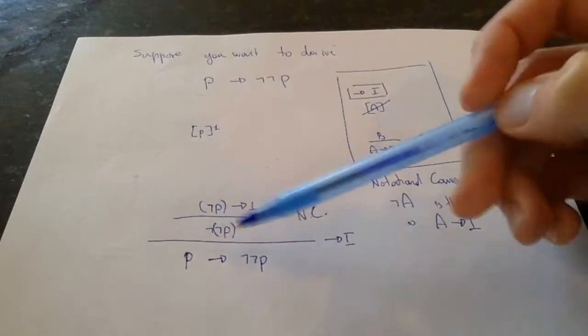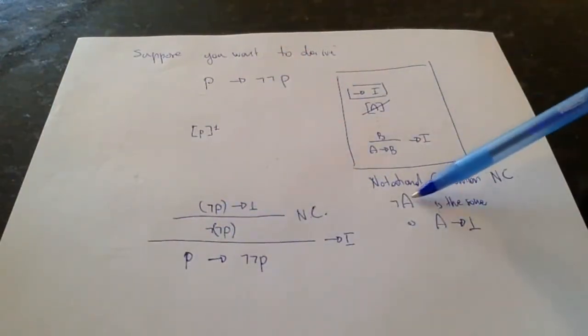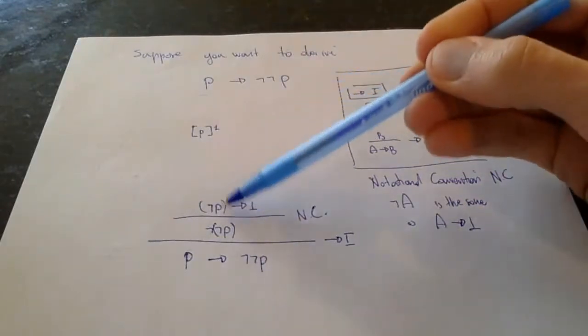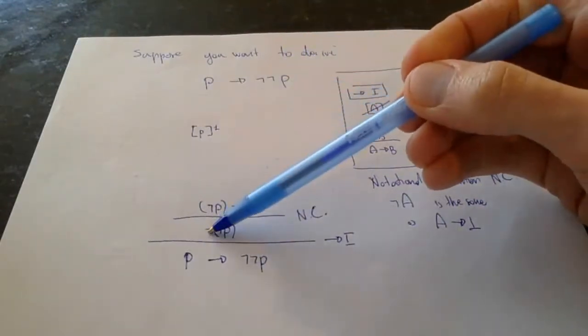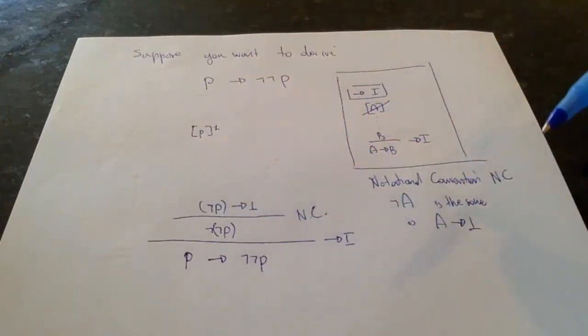So I took one negation out, just like the notational convention does, takes one negation out and puts it as implies the contradiction. So that's the same I did here.